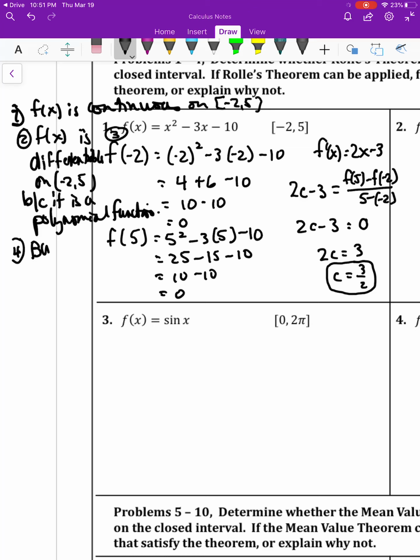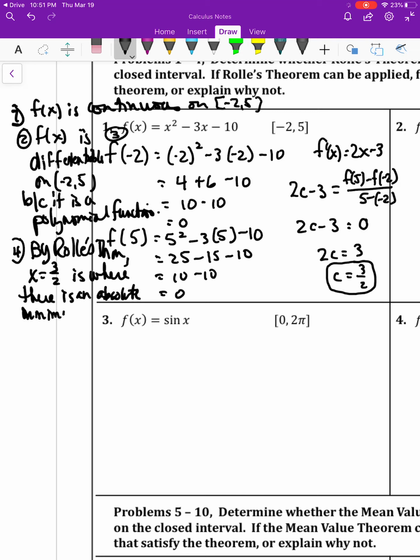So lastly, by Rolle's theorem, x equals 3/2 is where there is an absolute minimum.